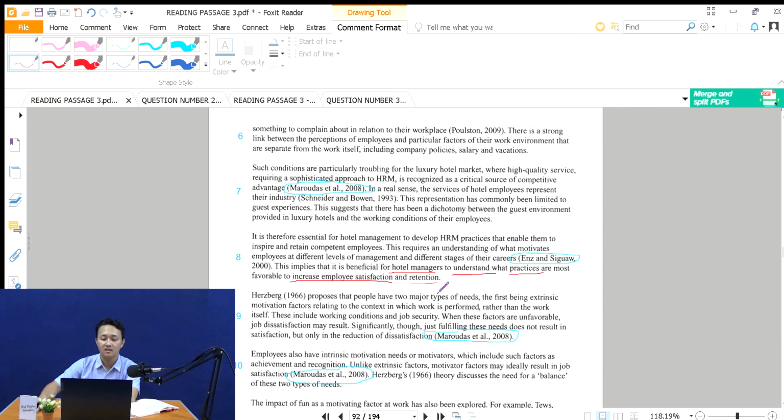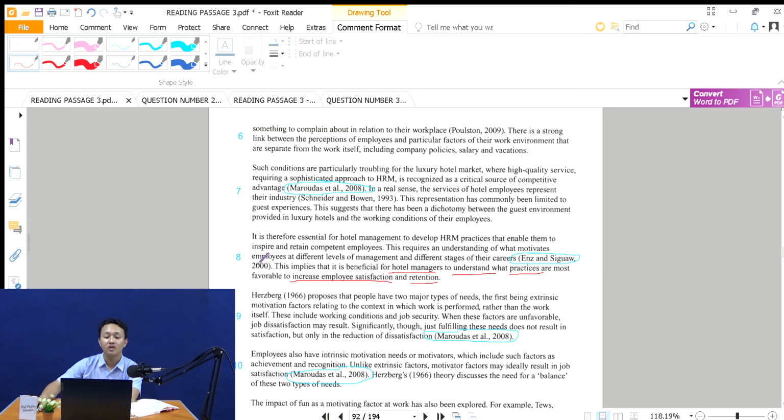Now these are the keywords from the question: hotel managers, to know, and to make their employees or good staff remain. So it means that they will increase their employee satisfaction and retention.